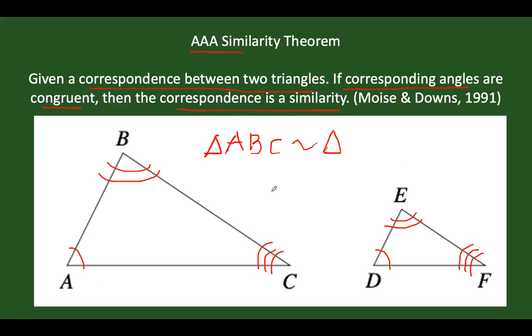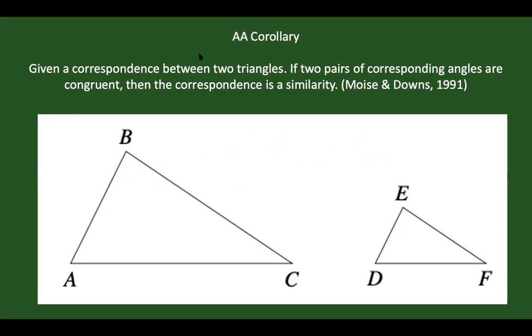So we have A corresponds to D, so therefore this is D, and B corresponds to E, therefore this is E, and C corresponds to F, so therefore this must be F. So we could say that triangle ABC is similar to triangle DEF, all right? By virtue of angle-angle-angle or AAA similarity theorem. Okay, and let's proceed to the next.